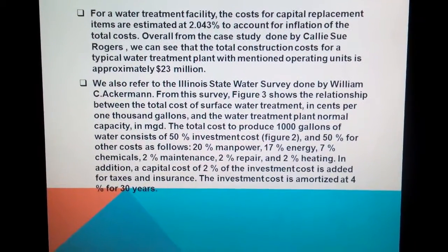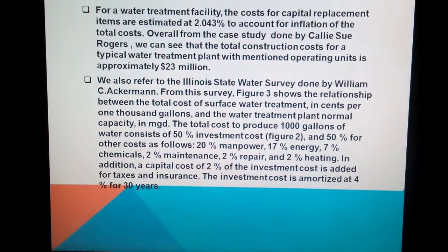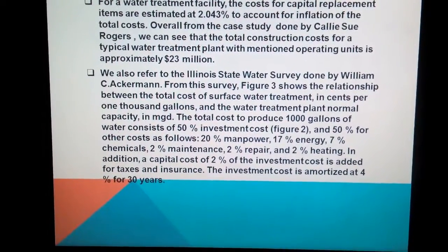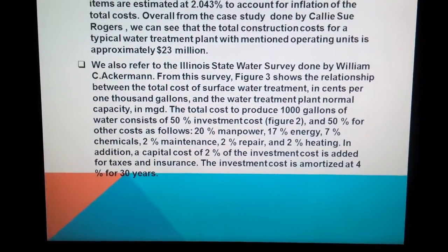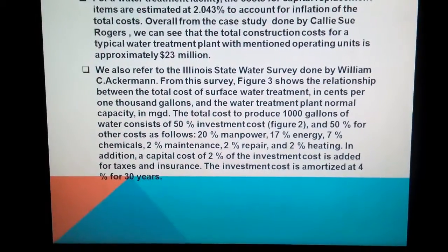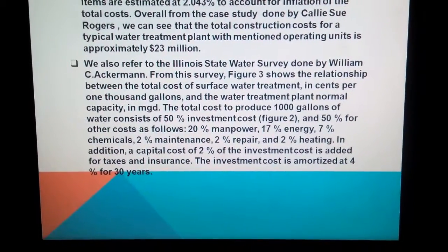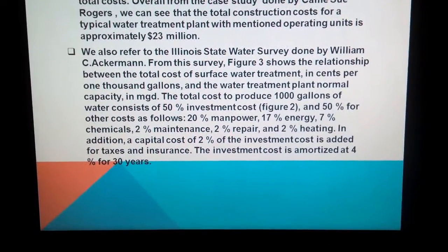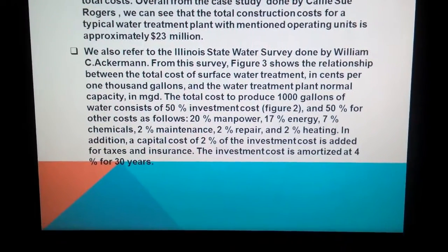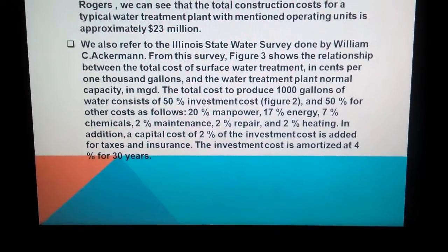The total cost to produce 1,000 gallons of water consists of 50% investment cost and 50% other costs as follows: 20% manpower, 17% energy, 7% chemicals, 2% maintenance, 2% repair, and 2% heating.